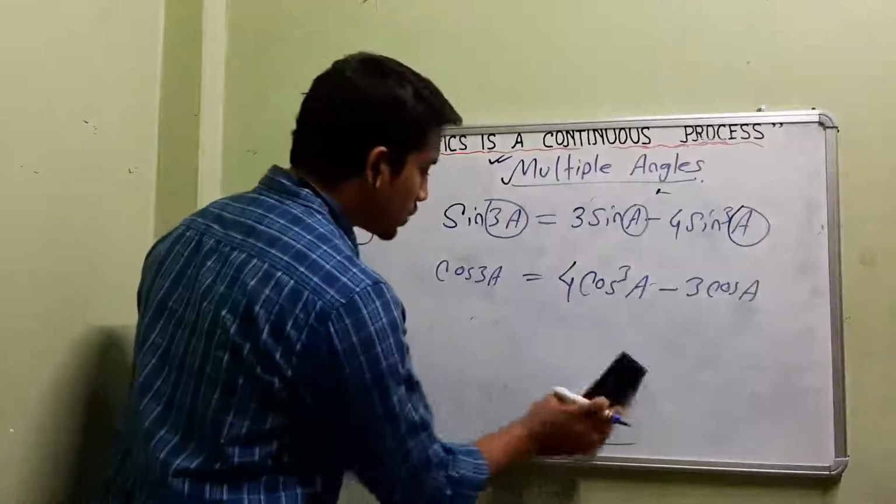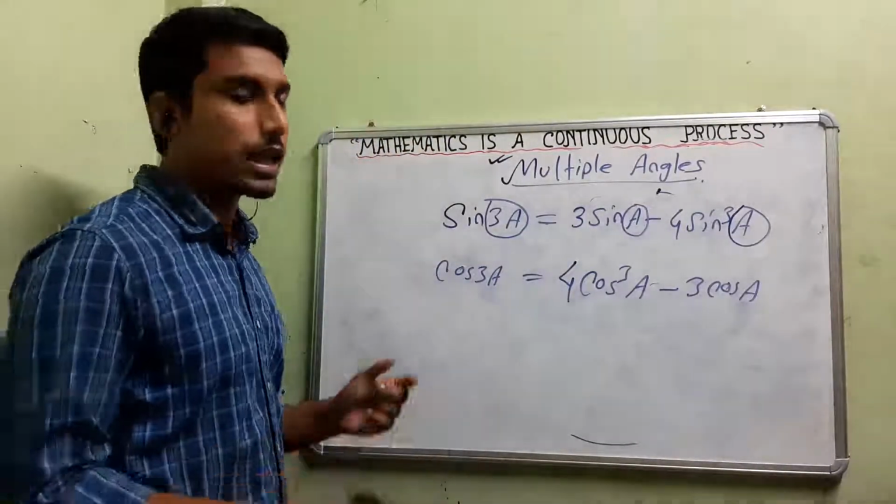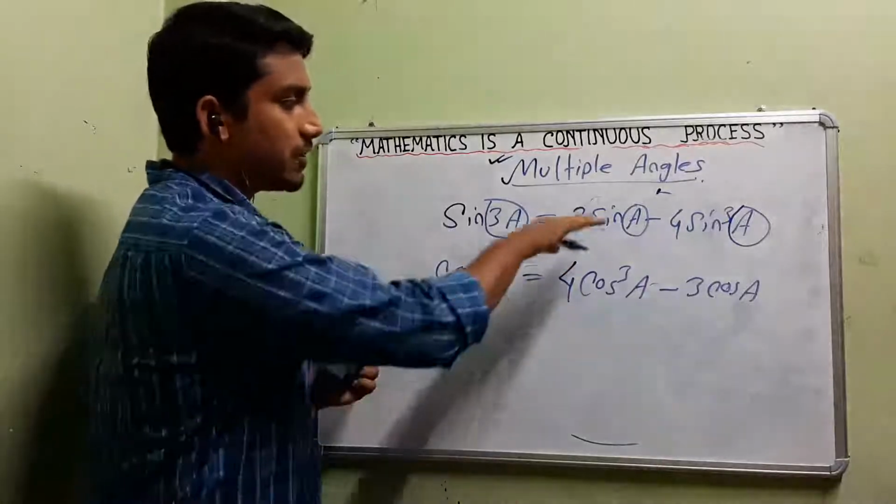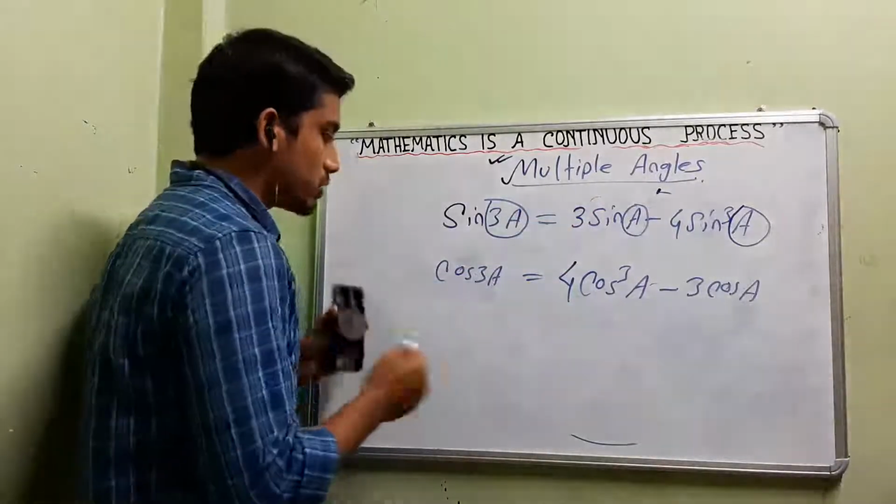Now there may be a question, what is tan 3A then? We can get it by dividing one by the other, or a direct formula is also there.